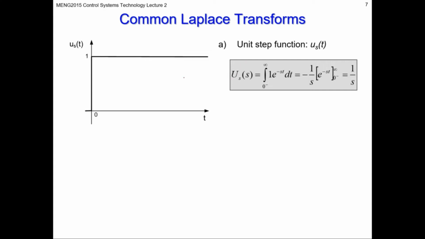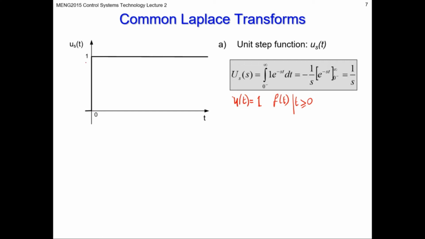All right, so now u of t equals 1, right? Because it's just 1 for all time greater than 0. Remember that we're defining here that a part of our Laplace transform is that our function of t is for all time greater than or equal to 0, right?